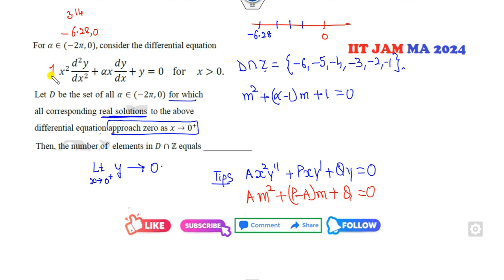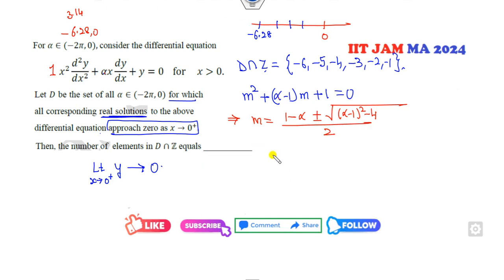In this case, a is 1, p is alpha. So what is my root? It's minus b, plus minus the square root of b square minus 4, over 2. Now I can write this number as plus minus 1 over 2. I can factorize them, a square minus b square, so a minus b and a plus b.